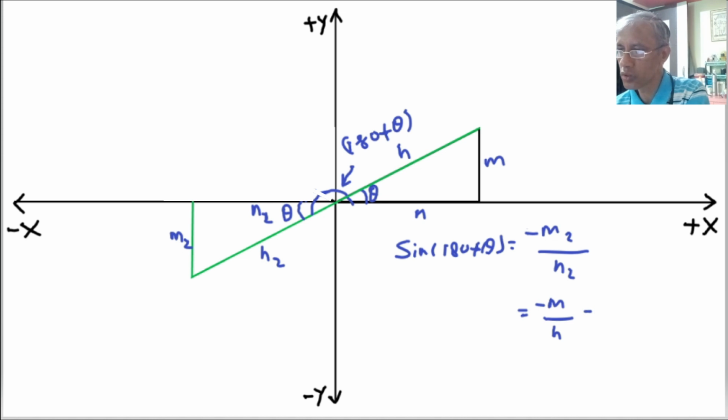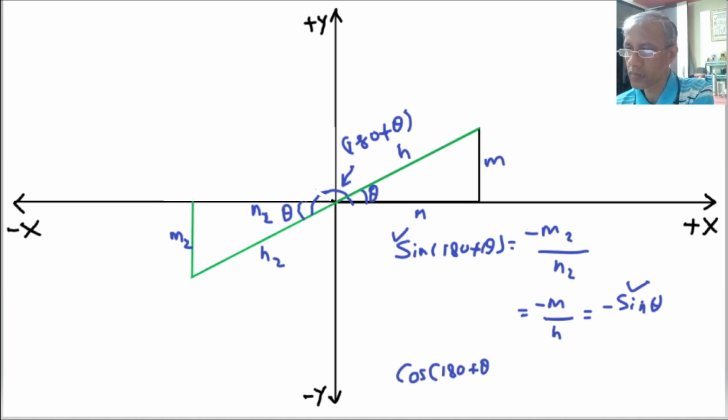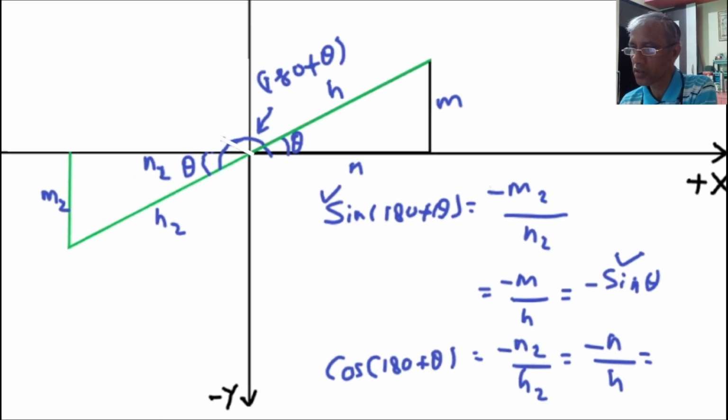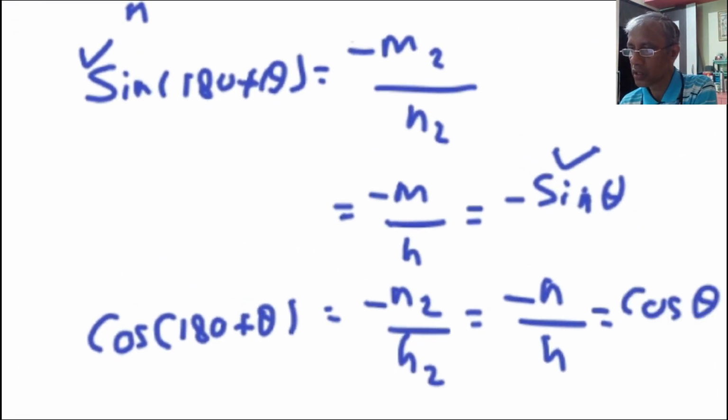So that would be equal to minus of sine theta. And about the cosine of 180 plus theta, that is the base minus n2 by the hypotenuse h2, that is equal to negative of n by h, the cosine function of angle theta with the negative sign.